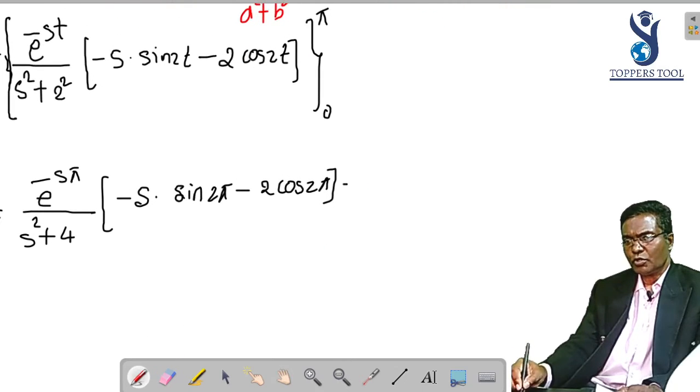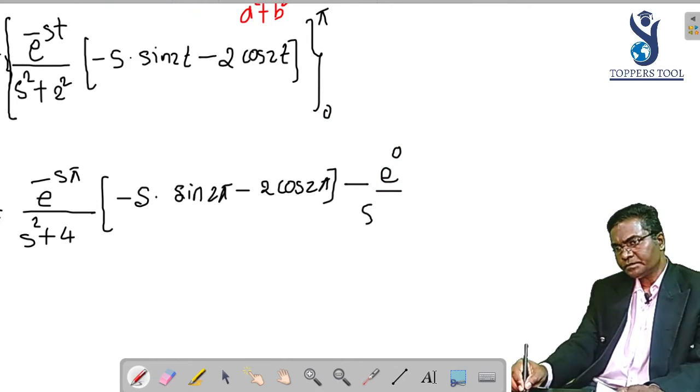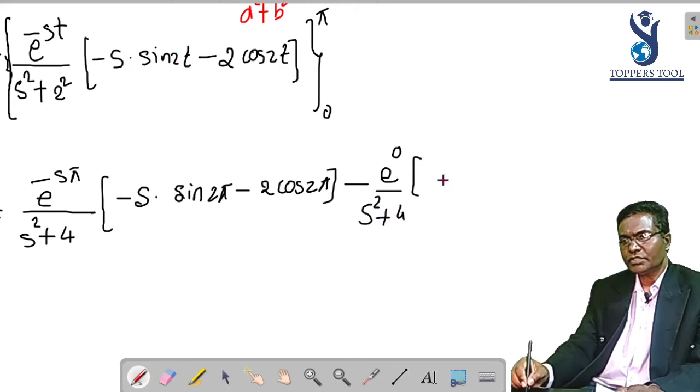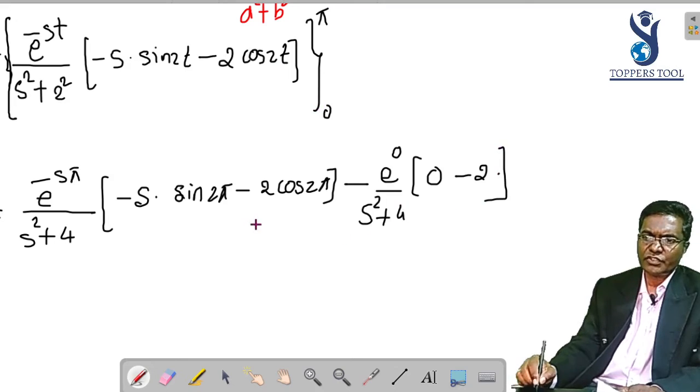Minus, if you substitute the lower limit, e power 0. If you put t as 0, e power 0 by s square plus 4. Sine 0 is 0, so the first term is 0, minus 2 into cos 0 is 1, so I can write 2 only. Remember, sine 0 is 0, cos 0 is 1.